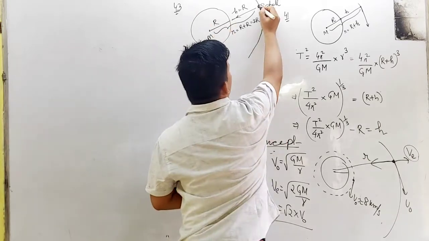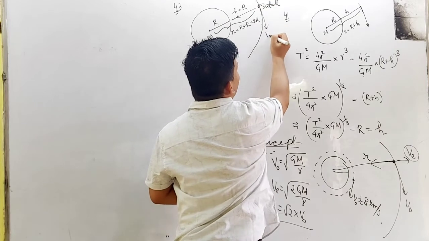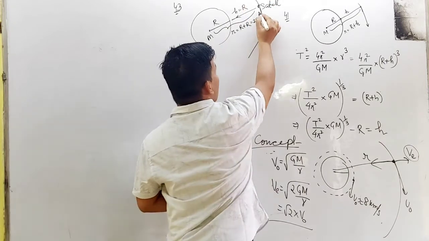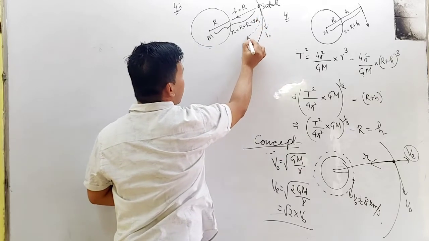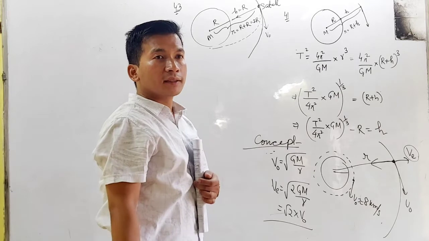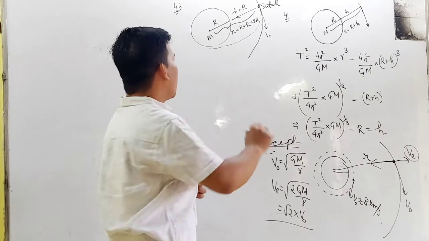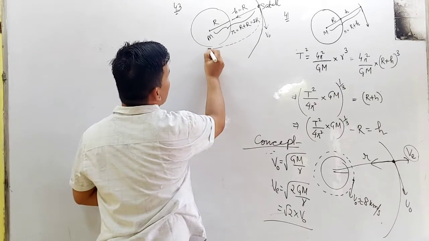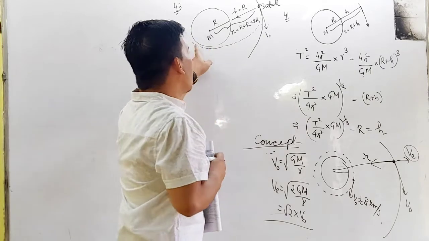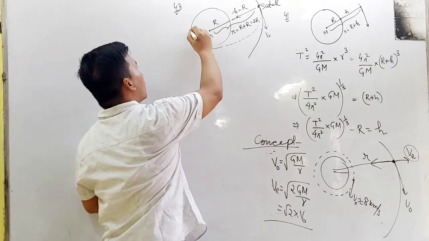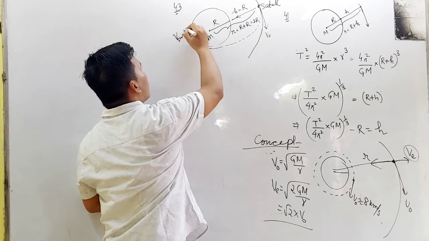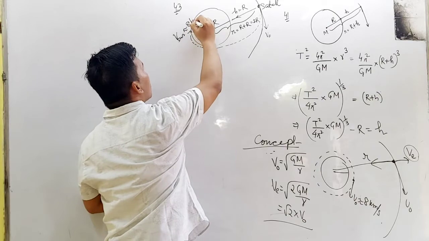With what velocity is it revolving? Orbital velocity. Now it will be slowly attracted. It becomes a satellite which is very close to the Earth's surface. The velocity with which it will strike the ground will be almost equal to 8 km per second.